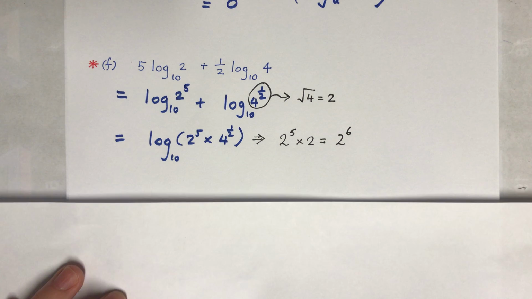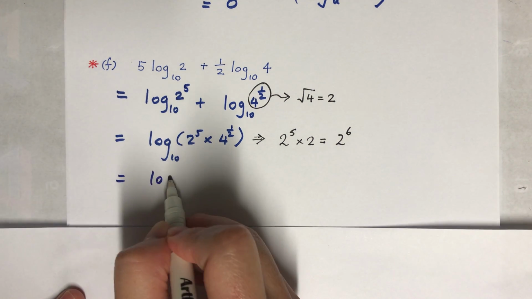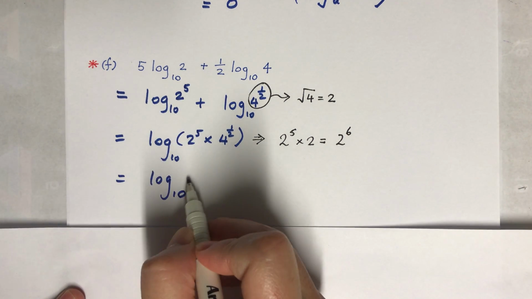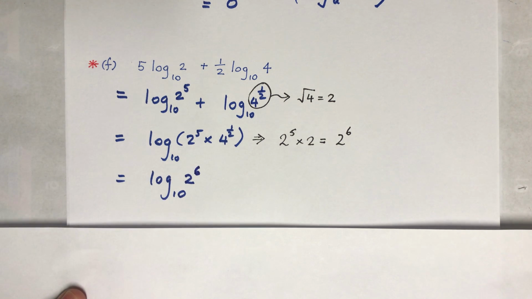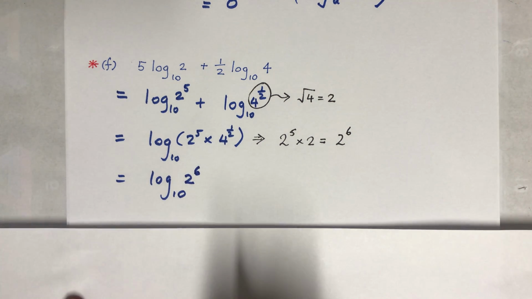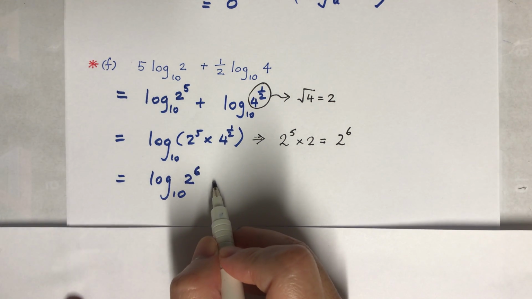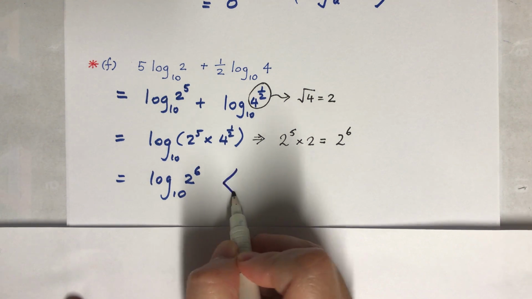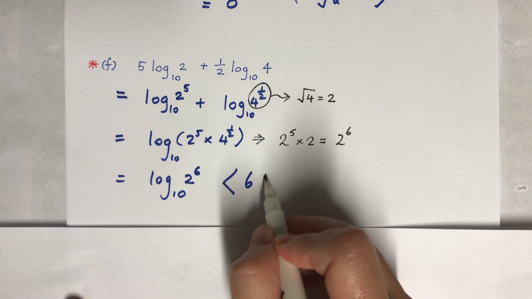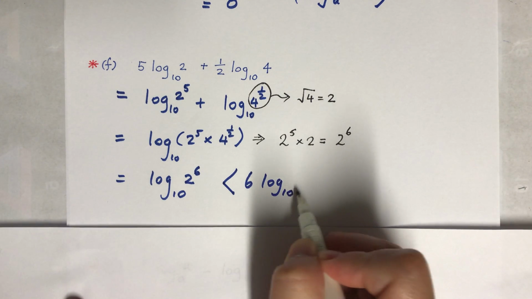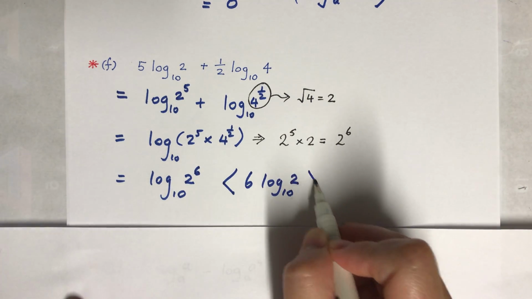So what I'm going to do is simplify log base 10 of 2 to the power 6, and I can just put it in a calculator, but just for your information I can rewrite this like that even.